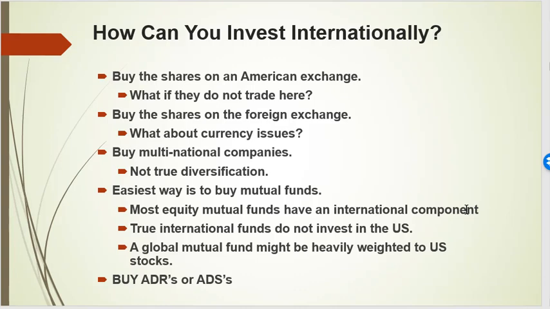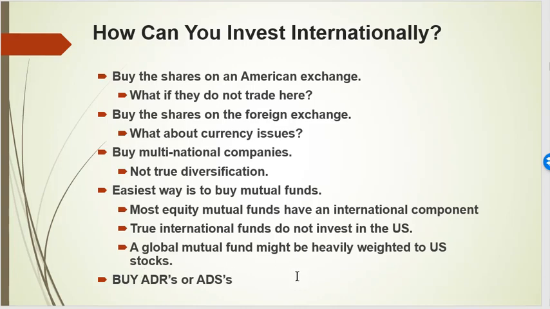However, there are mutual funds referred to as global mutual funds that do invest in the United States. Since the United States stock market is the biggest, they are usually heavily weighted to U.S. stocks. So a global mutual fund might have 90% U.S. stocks. So if you're looking for diversification, you might not be able to get that with a global mutual fund.